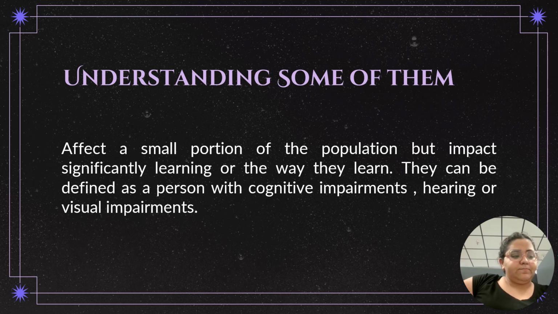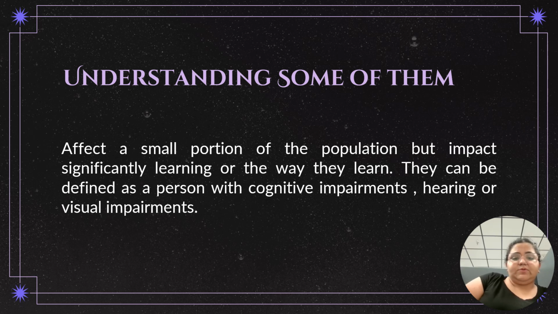But to understand more about the topic, I found that this affects a small portion of the population, which might be the cause that there isn't a lot of information about some of the disabilities that can affect this vulnerable portion of the population. But if so, they can significantly impact the way they learn.